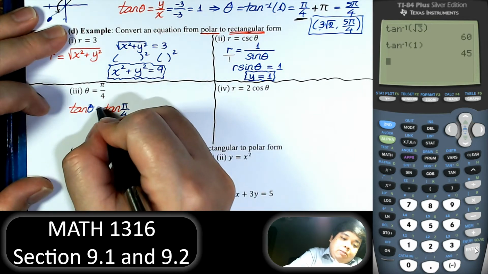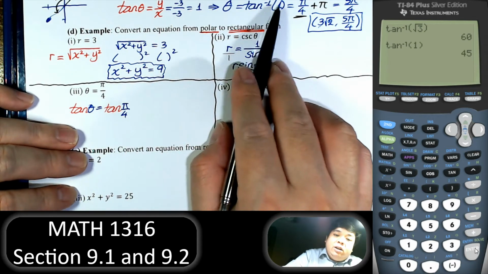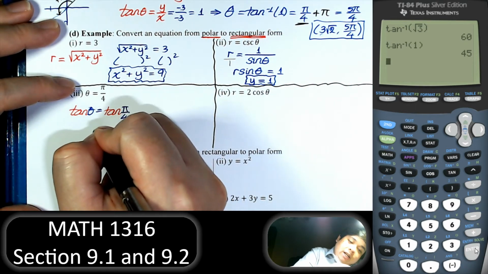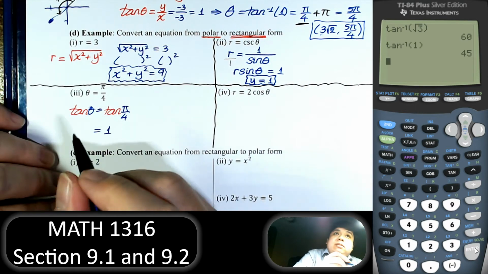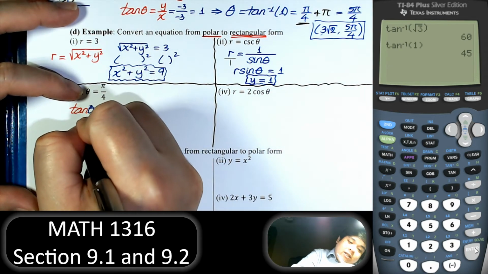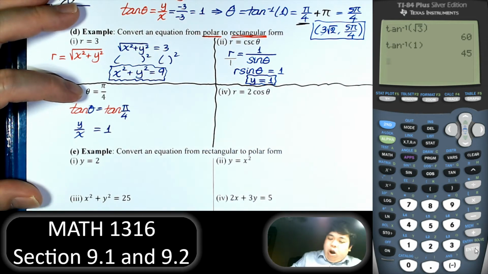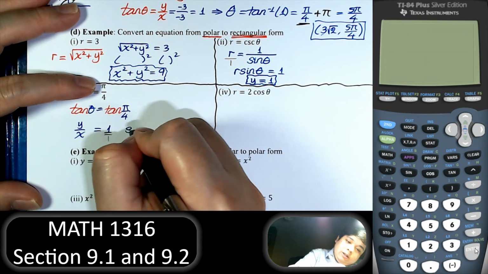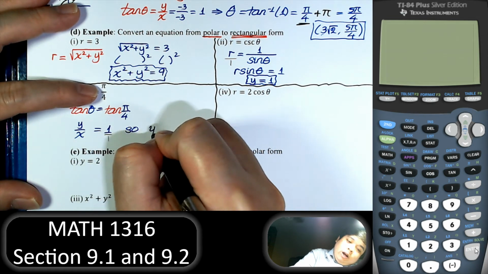Tangent of pi over 4 is 1. We did that earlier. So we have tangent of theta is 1, and tangent is y over x. So if y over x is 1, cross multiply, y is equal to x.